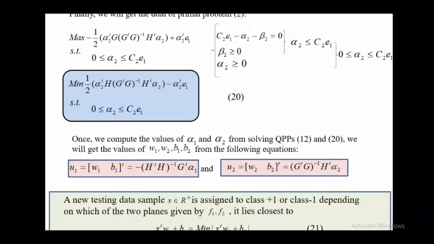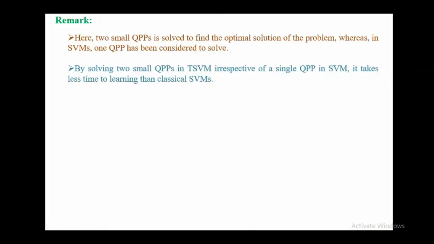If you notice, in SVM we try to solve a single quadratic programming problem of size m. But in the twin support vector machine, we solve two QPPs of smaller size: m1, which is the number of positive class samples, and m2, the number of negative class samples.